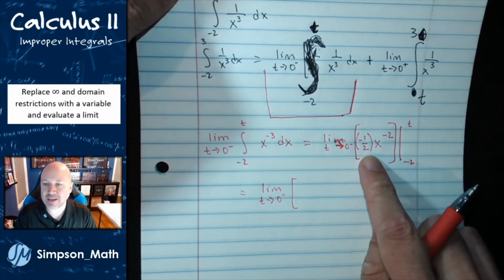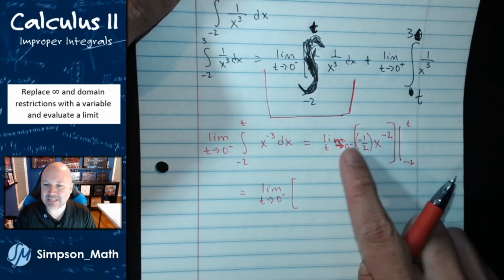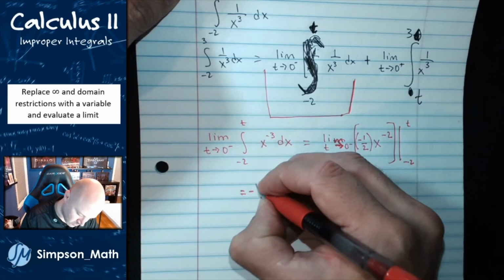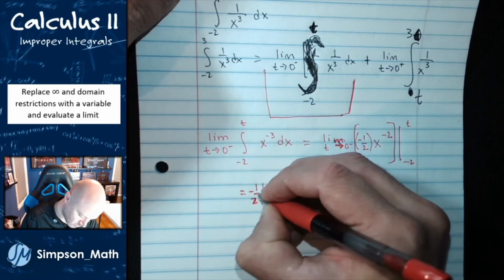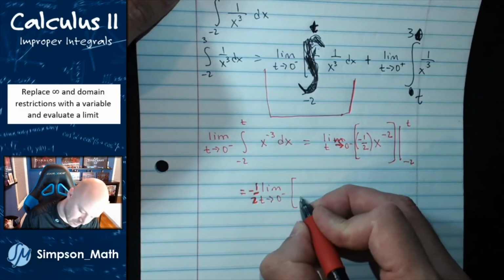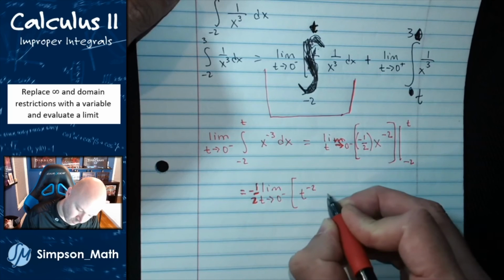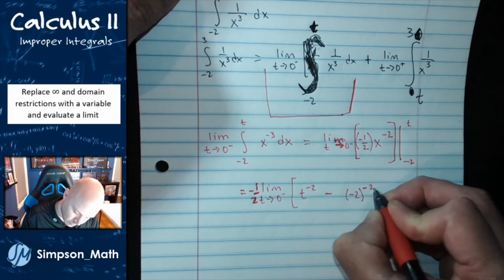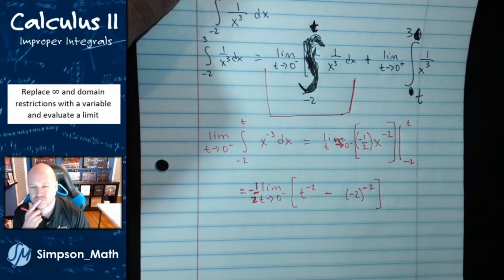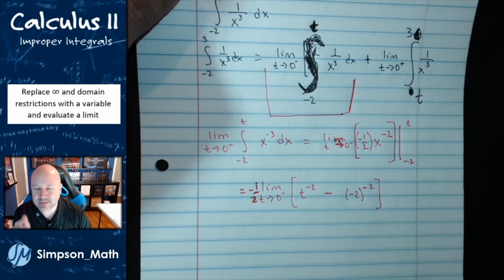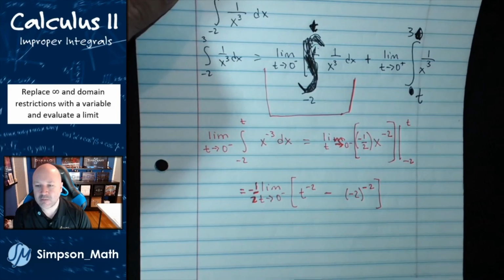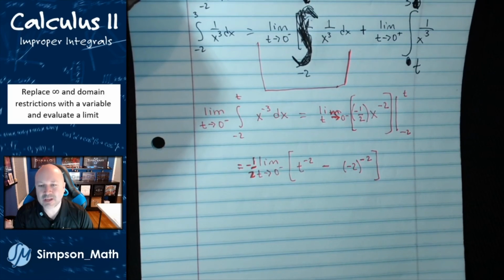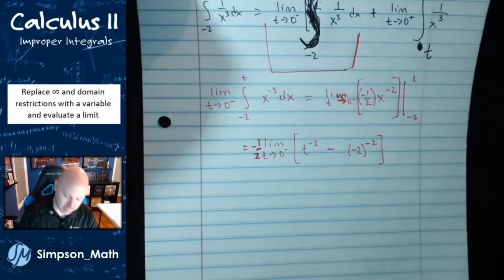Oh, you know what? That -1/2 is a constant in a limit. I'm going to pull it all the way out. Plug in the t, it's being raised to the negative second power, minus, plug in the negative 2, it's being raised to the negative second power. The negative powers, I'm going to rewrite those as denominators.